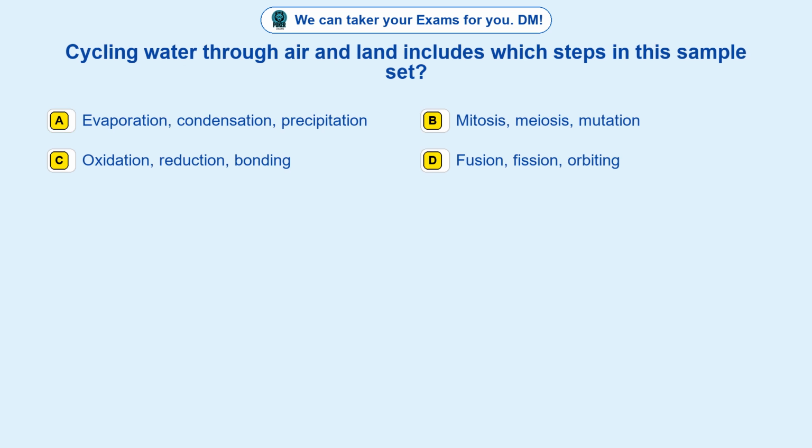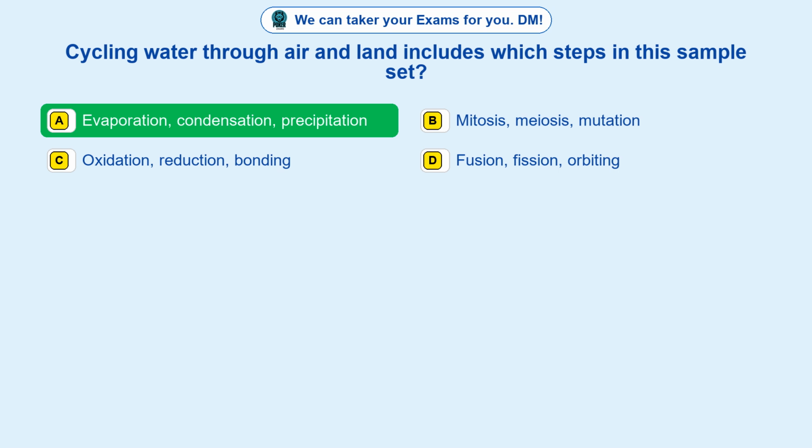Question 87. Cycling water through air and land includes which steps in the sample set? Option A, evaporation, condensation, precipitation. Option B, mitosis, meiosis, mutation. Option C, oxidation, reduction, bonding. Option D, fusion, fission, orbiting.